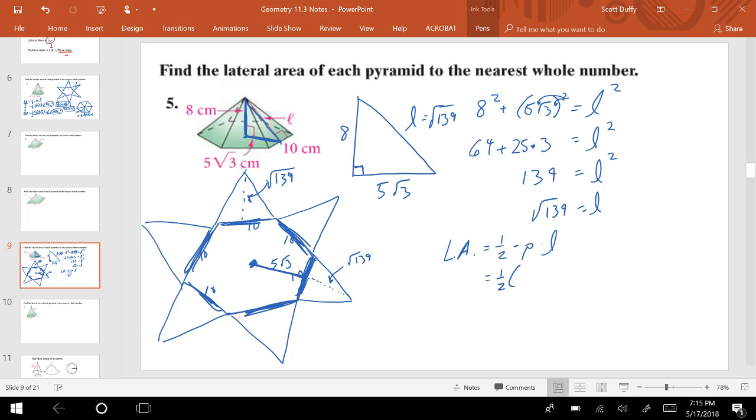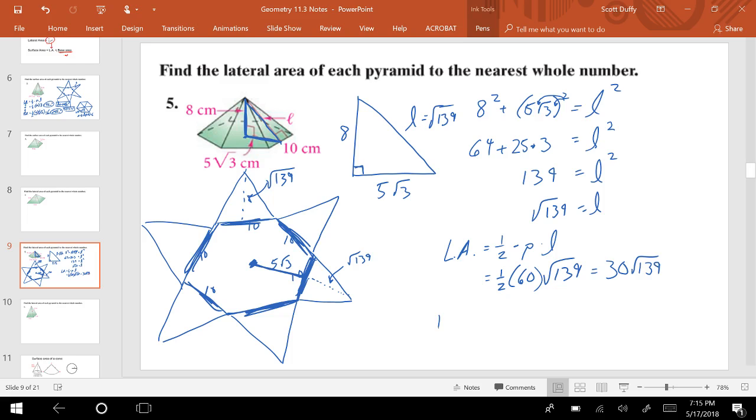That is the perimeter of our base. 10 times 6, 60, times the square root of 139. I'm going to leave 139 underneath the square root. 1/2 times 60 is 30, so the real answer is 30 times the square root of 139.